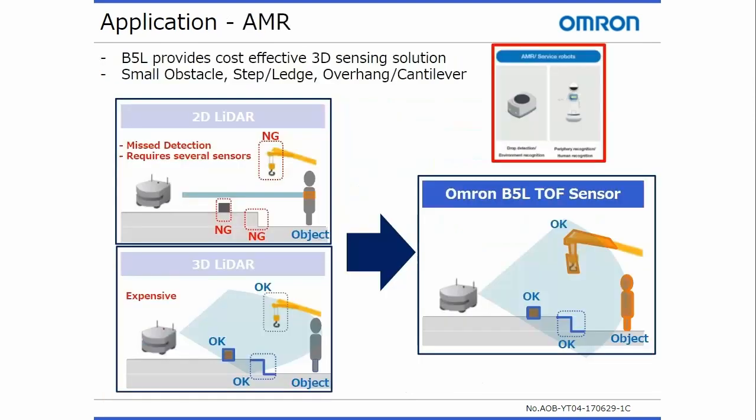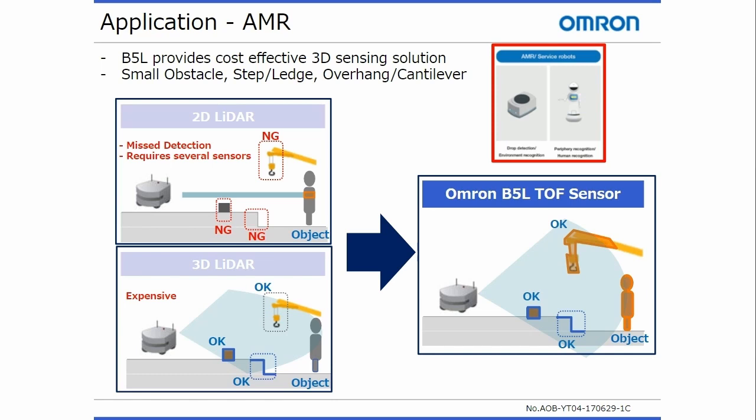For AMR applications, the B5L is providing an alternate and cost-effective solution to LiDAR. 2D LiDAR is expensive and requires several sensors to cover a wide field of view. 3D LiDAR is available to detect that wider field of view, but of course comes at a much higher price tag. The B5L provides a wide-angle detection area for many AMR applications, including obstacle, step, and overhang or cantilever detection.